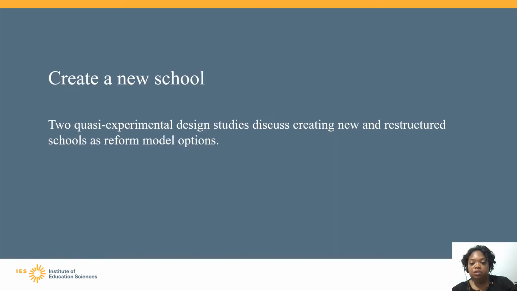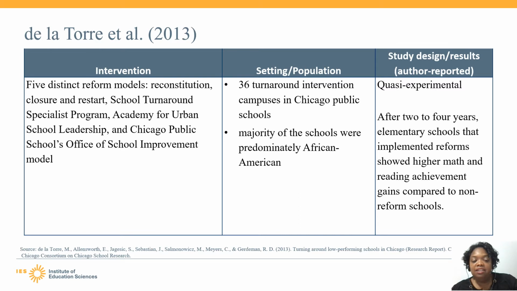The next 2 quasi-experimental studies, summarized, discuss creating new and restructured schools as one of the reform models examined in the articles. The De La Torre et al. article discussed 5 distinct reform models that were implemented in Chicago public schools.